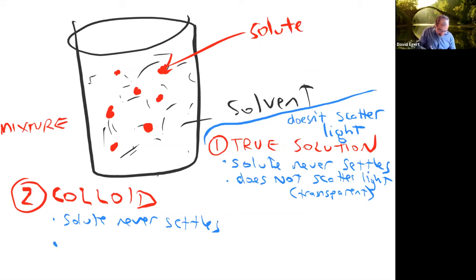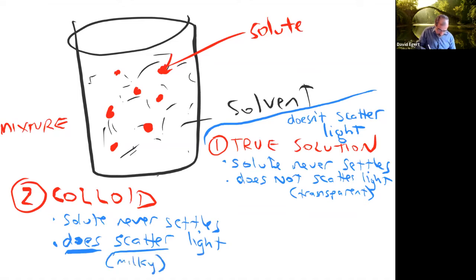However, it does scatter light. It ends up looking kind of milky. The basic idea is that very small polar things, like sugar, just become solutions. Like glucose is just a little molecule that goes in.